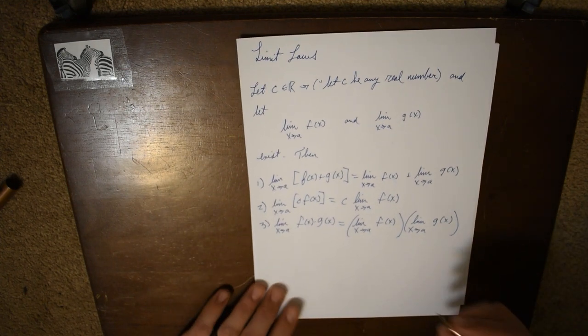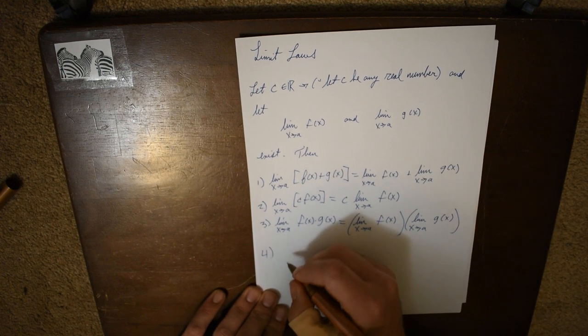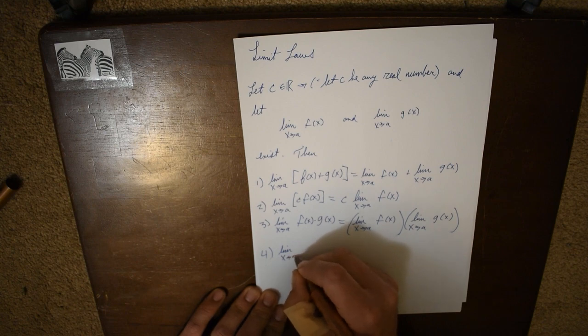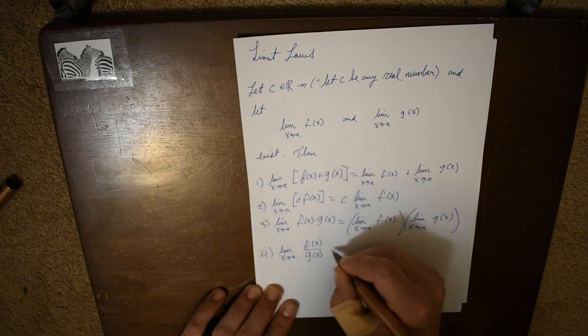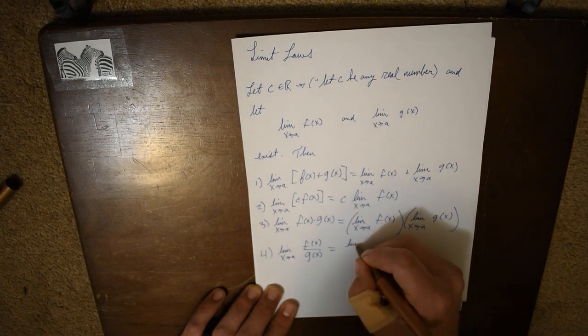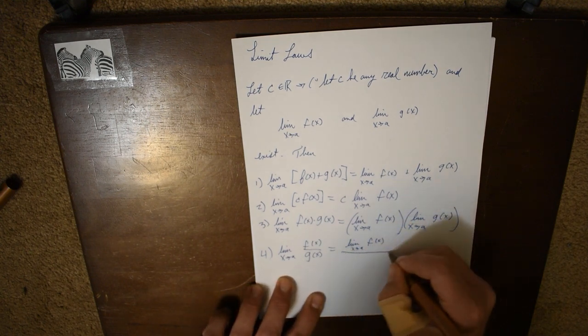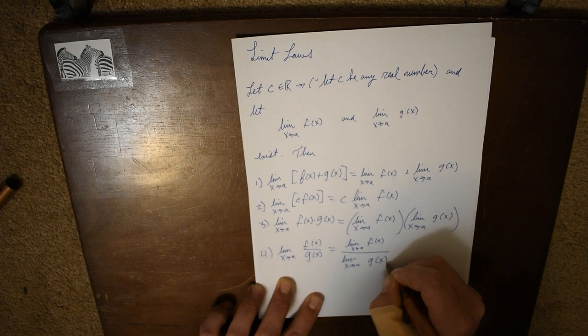And for now, our fourth limit law is the limit as x goes to a of f of x divided by g of x is equal to the limit as x goes to a of f of x divided by the limit as x goes to a of g of x.